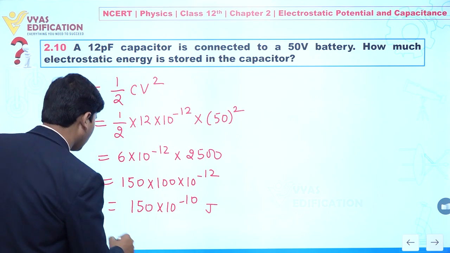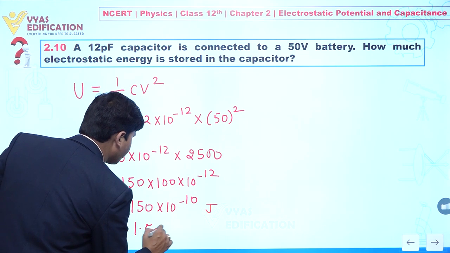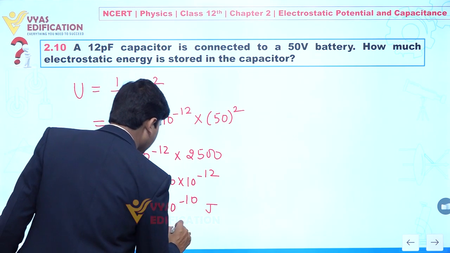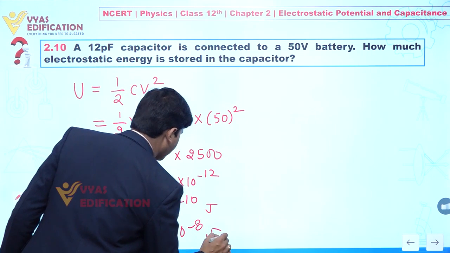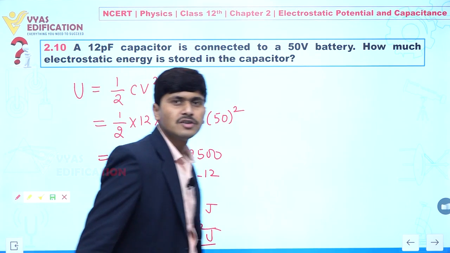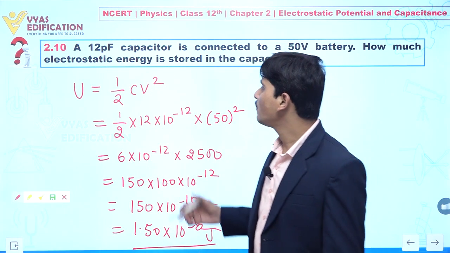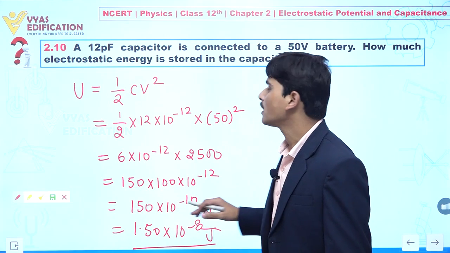Or you can also write it as 1.50 into 10 to the power minus 8 joule. So like this you can calculate the electrostatic energy stored in a capacitor.